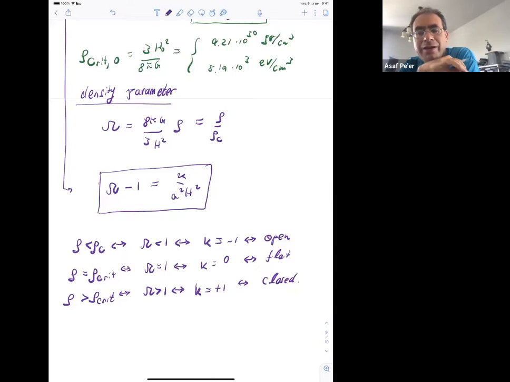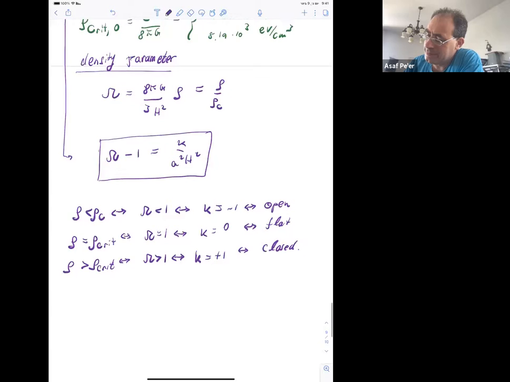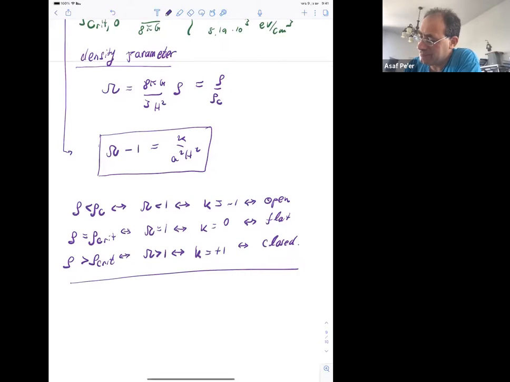Now, does any of you have any clue what is the best known value of omega today? Does any of you have any idea? People are spending a huge amount of money on that, huge.